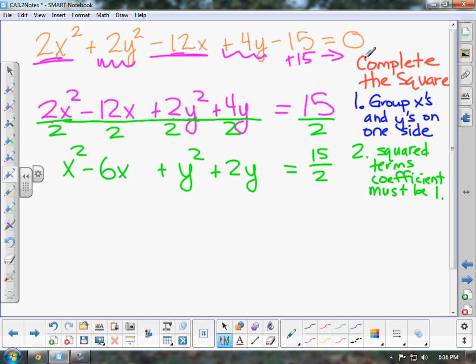Third thing, to complete the square. Here's where you do this.